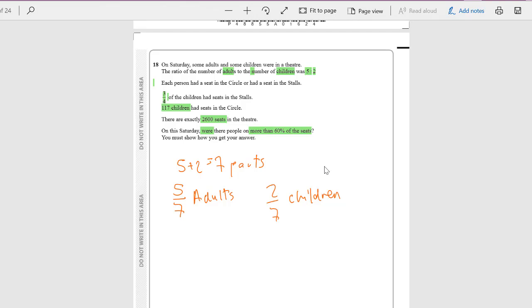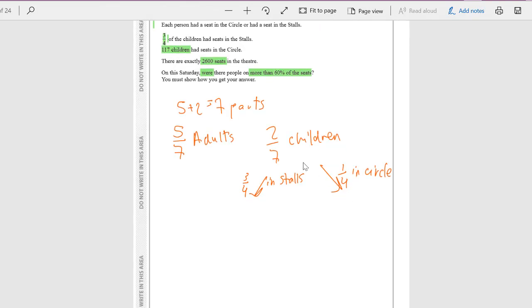And then we know that 3/4 of the children had seats in the stalls. So 3/4 in stalls. That means that 1/4 were in the circle.